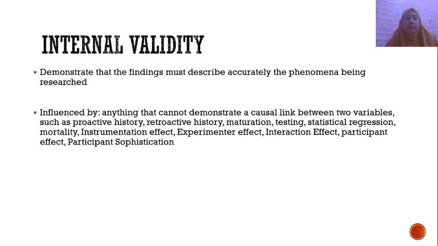Talking about internal validity, it demonstrates that the findings must accurately describe the phenomena being researched. Internal validity makes the conclusion of a causal relationship credible and trustworthy. Without high internal validity, an experiment cannot demonstrate a causal link between two variables.